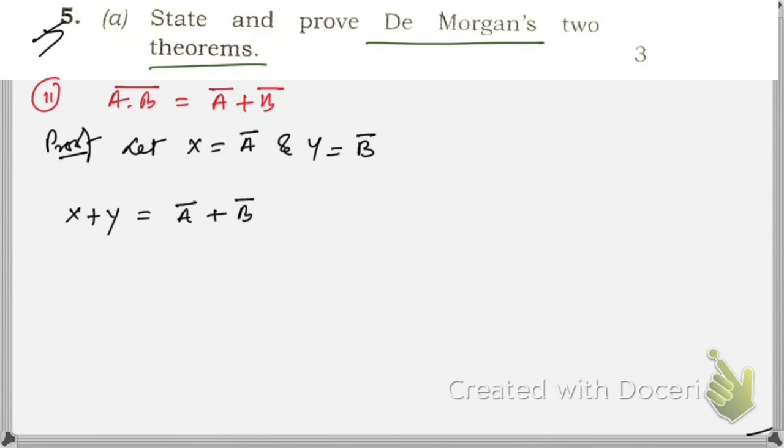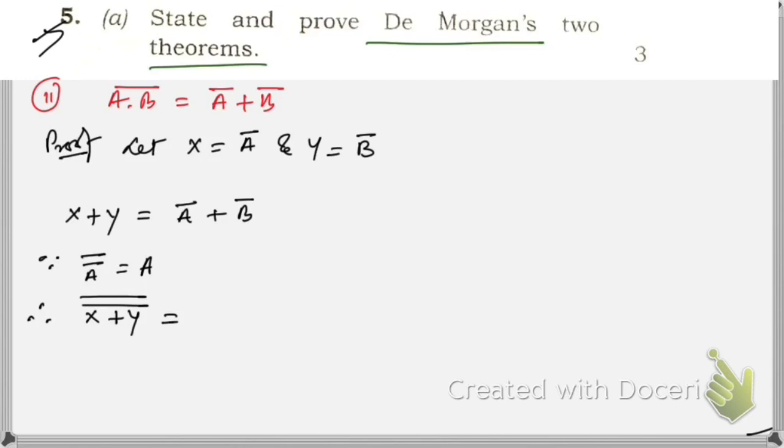Now you can see we have another property: since complement of a complement is a, therefore we can write that (x plus y) whole complement, again we can write complement, right?